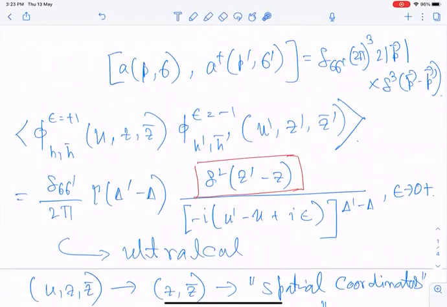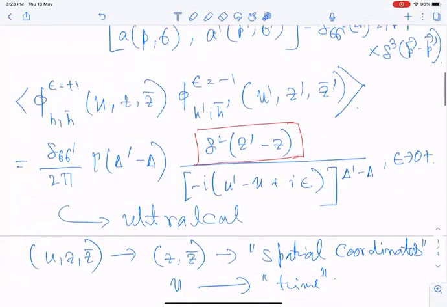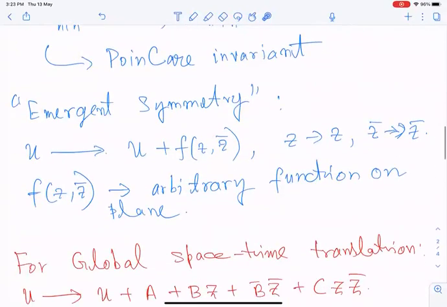So this 2-point function will not change if I shift U and U prime by any function of Z and Z bar. That's how we got this. Right, so the symmetries are there at the level of correlation functions. Yeah, that's for sure. That's why I said that it's kind of emergent. Okay, thank you.